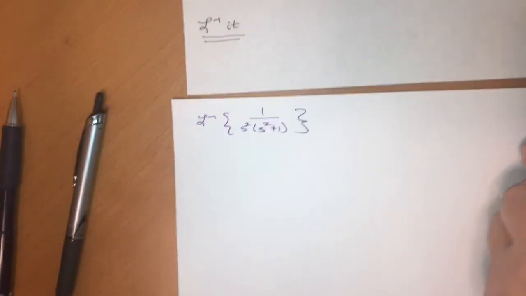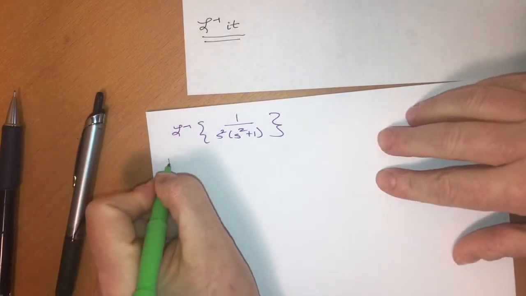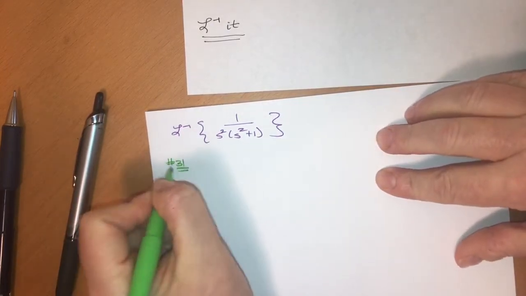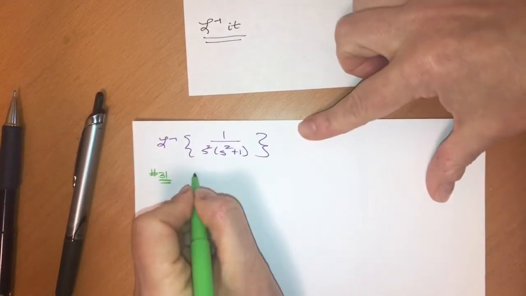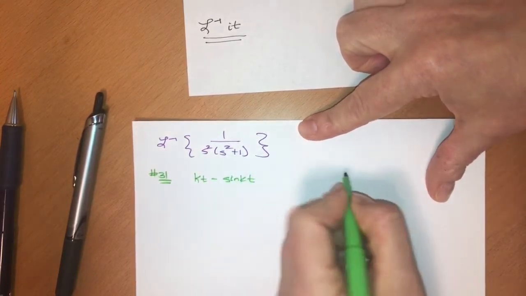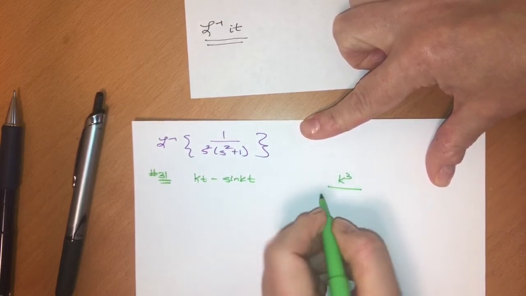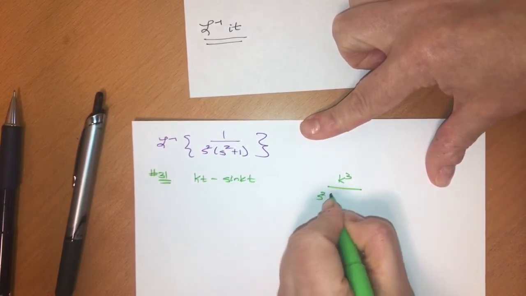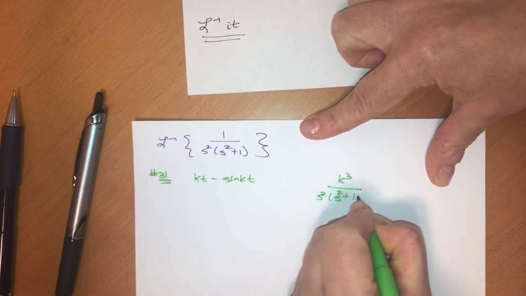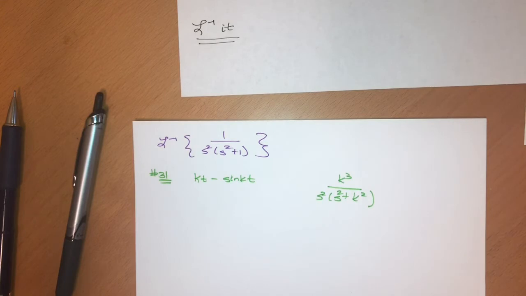So formula 31 tells us that kt minus sine of kt has Laplace transform k cubed over s squared plus k squared. And I can see that I fit that form with k equal to 1.